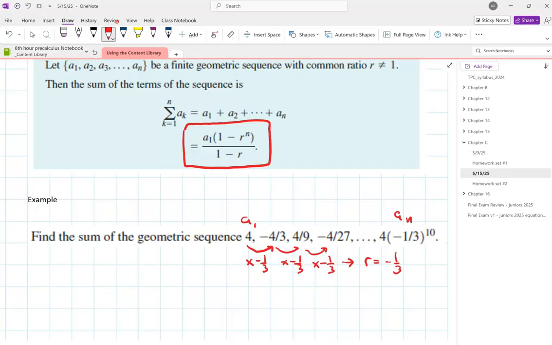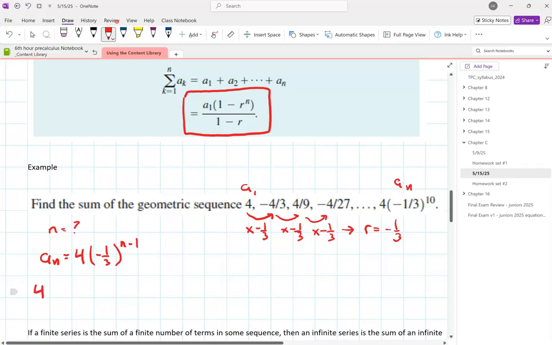I know this is the last term, but I still need n to plug into that formula. I'm going to find n the same way I did before. I'm going to write my formula for the sequence, so that's the first term times r to the n minus 1.